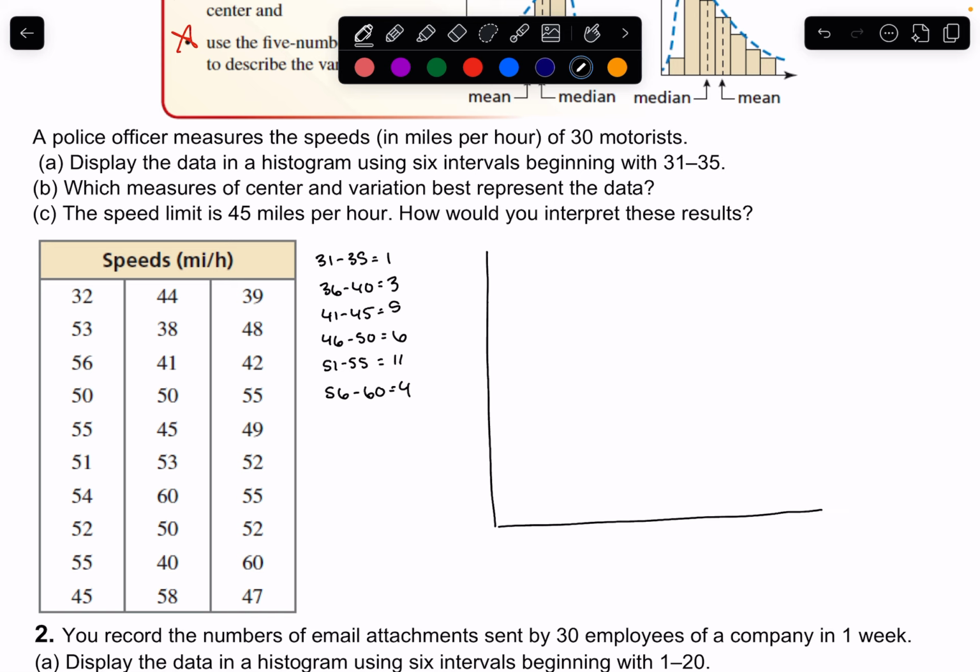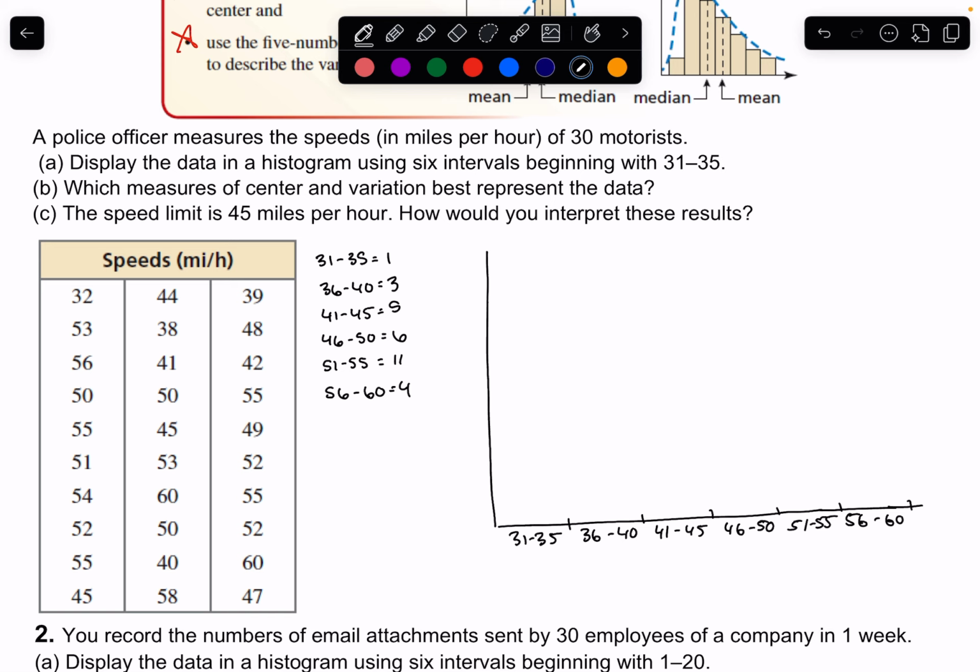So there are 6 different categories: 31 through 35 miles an hour, 36 through 40, 41 through 45, 46 through 50, 51 through 55, and 56 through 60.